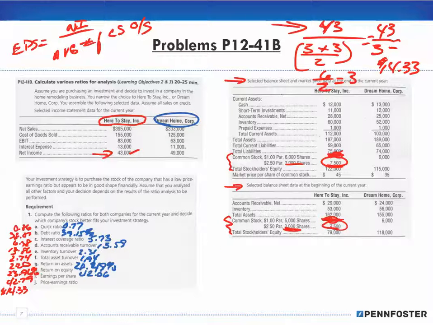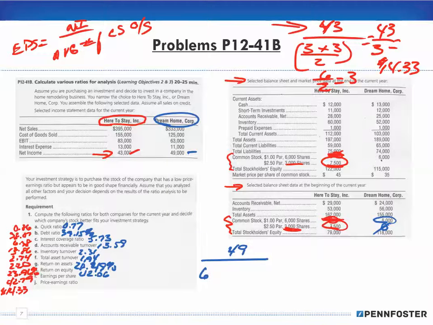For Dream Home, our net income is 49. When we look at our common shares, we have $1 par at 6,000 shares, so we have $6,000. So there's 6,000 shares there, but we have zero for the $2.50 par. That's at the beginning of the year.